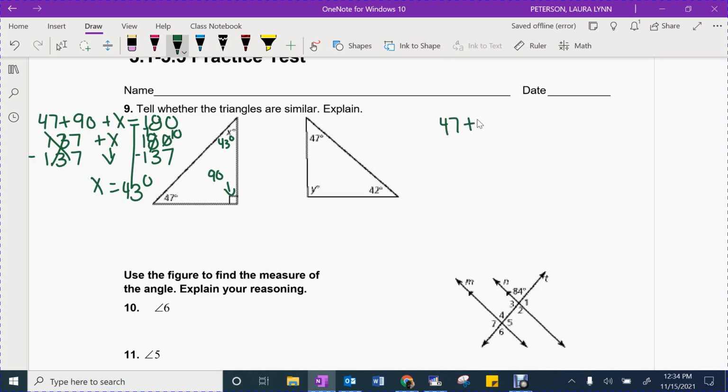So let's add 47 plus 42 plus y equals 180. Adding what I can is 47 and 42, and that becomes 89 plus y equals 180. Getting y by itself, I'm going to subtract 89.